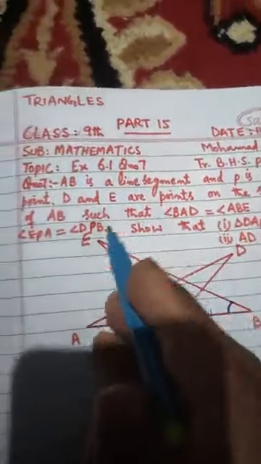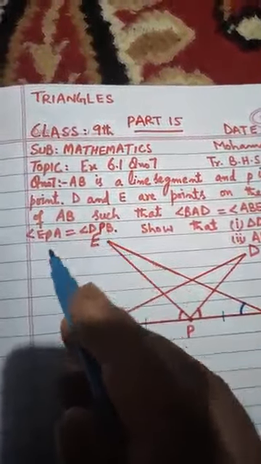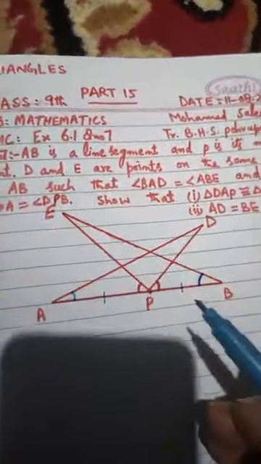And also we have angle EPA is equal to angle DPB. Angle EPA, where is angle EPA?